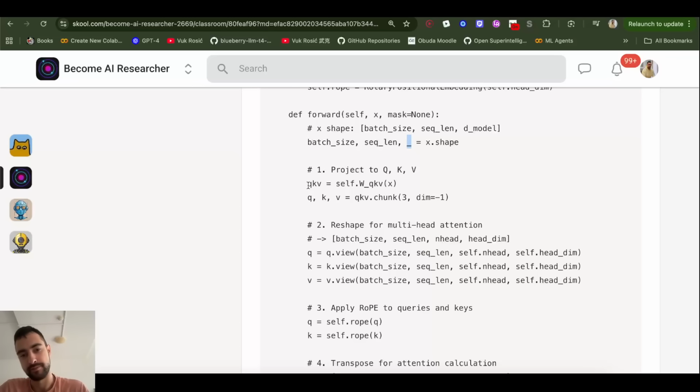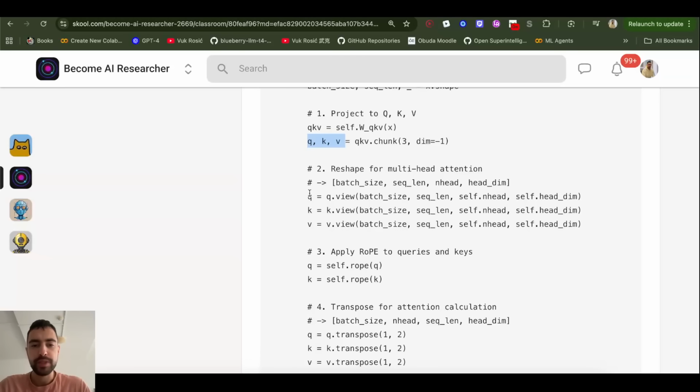And so we generate query, key, values by just passing x through our linear layer that generates them, and then split. So this will get us one big vector, 3 times the model dimension. And then we split it into 3 parts for query, key, value.